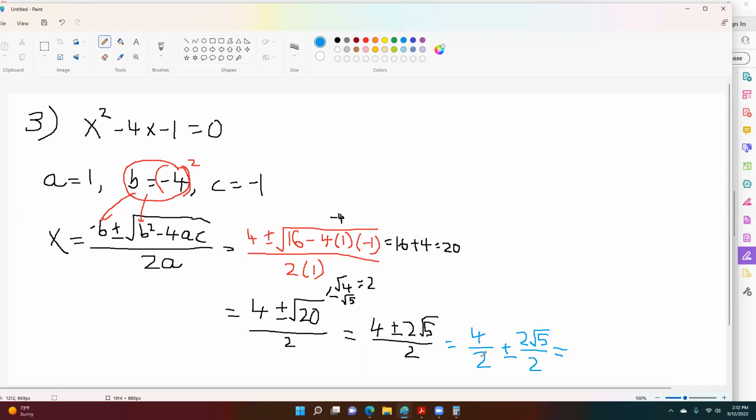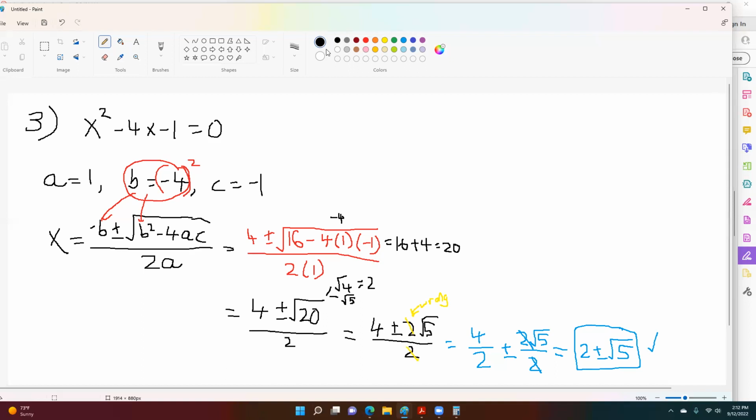And this, 4 over 2 is 2. And the 2 and 2 can cancel here. This is root 5. So this is your answer. This is the correct way to do this. So please do not do it the other way. This is wrong. Is this the same answer as what we have on question 3? Yes.